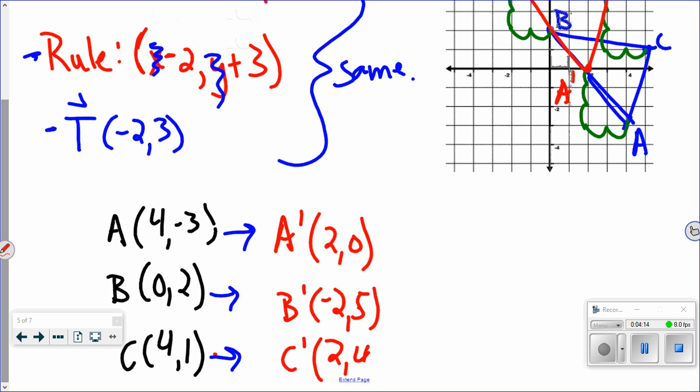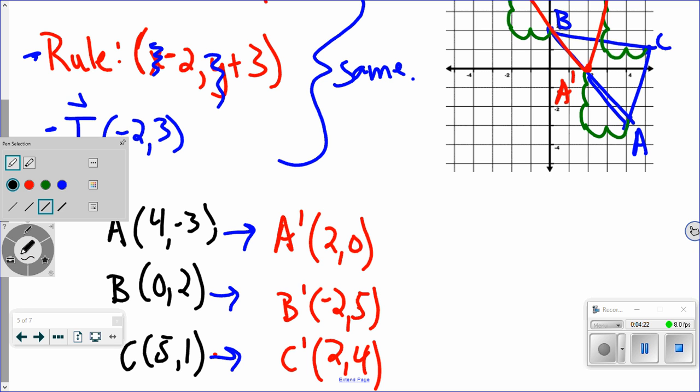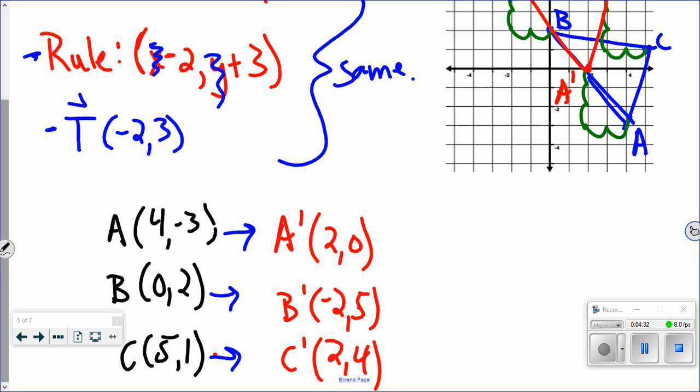And sorry, my apologies, C was originally 5, 1, so C prime is 2, 4. Hopefully we got that right. If you have any questions, please let me know. Next, we're going to try to do a translation without the graph. So let's take a look at the next one.